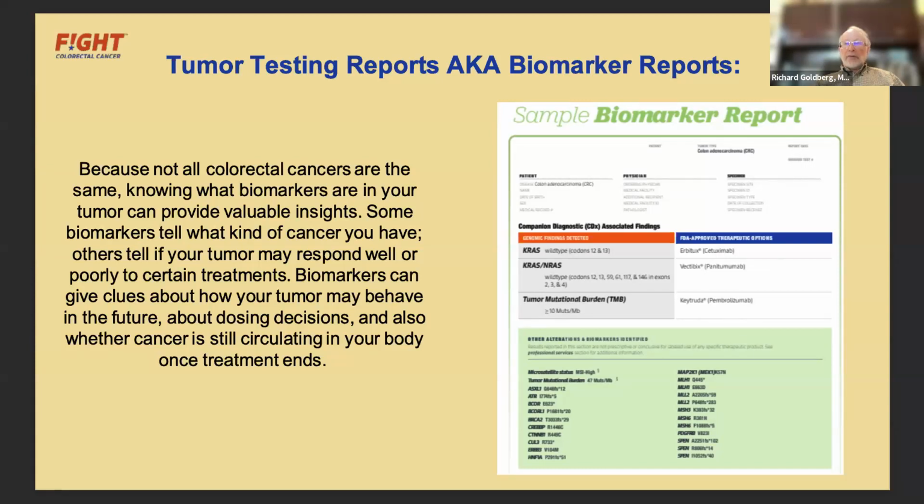And there are a whole bunch of different genes that are tumor promoter genes and a whole bunch of different genes that are tumor suppressor genes. And in fact, we're still unraveling the roles of the various genes, although we've made a lot of progress in doing that in the last 20 years.